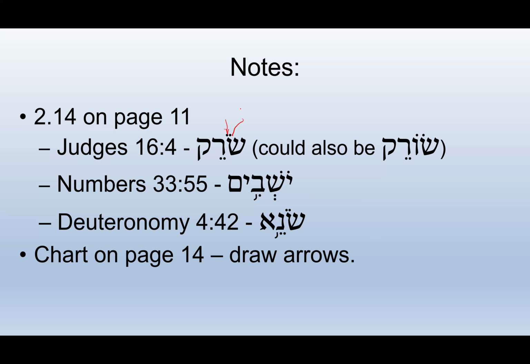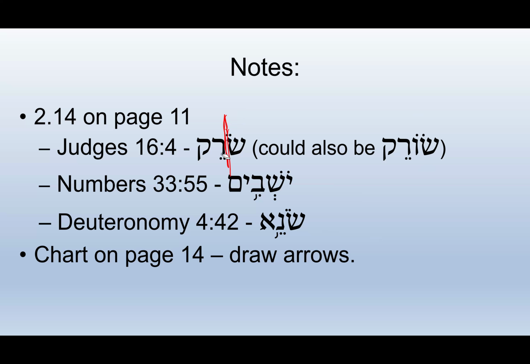So the name of this place is Sorek, and it can be spelled, that would be defective because the vav is not in here, it's over here. It can be spelled this way. I don't know that it ever is spelled that way in Scripture, but it's Sorek.